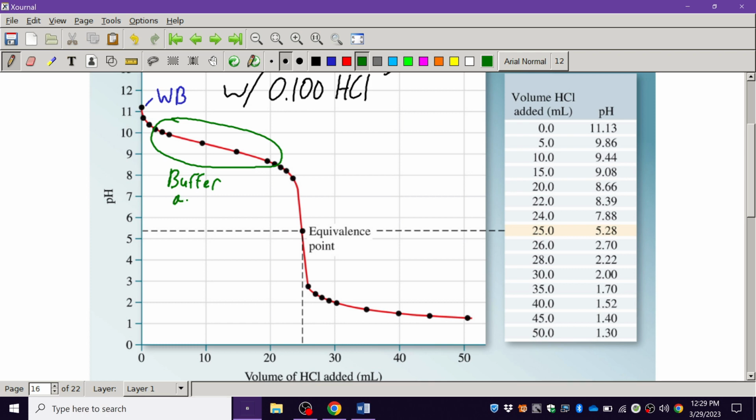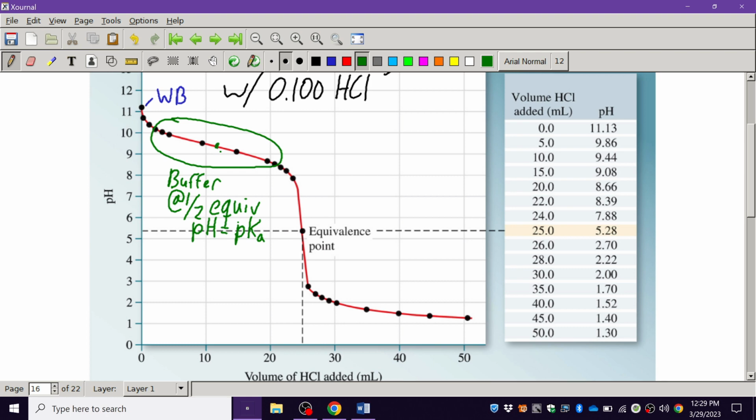And again, what we can say, just like with the previous example, is at half the equivalence point, the pH of this buffer is going to equal the pKa of the weak acid. So in this particular case, you'd end up about here, and the pH is about 9.25 or somewhere thereabouts.